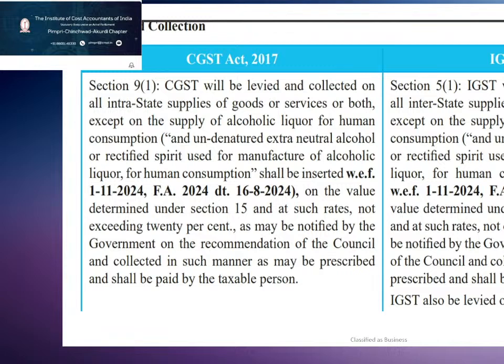Now we need to advise: suppose from the business of selling goods, if he wants to change to services, in that scenario whether they can still enjoy the benefit of the composition scheme or not. So if his son wishes to start the business of providing services, he also wants to join in that business.